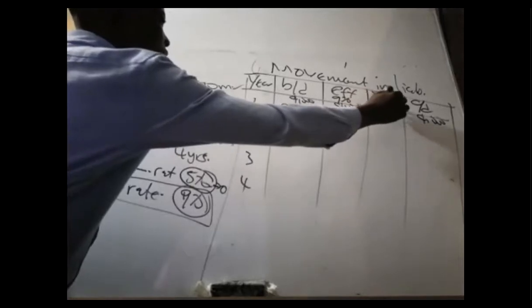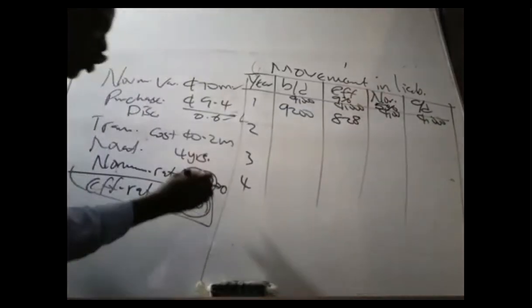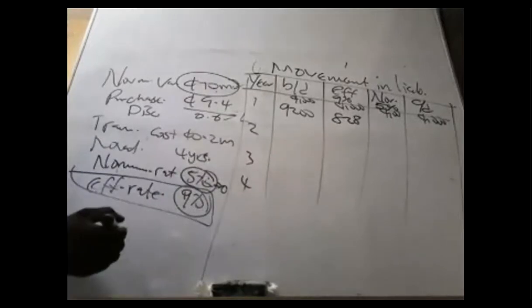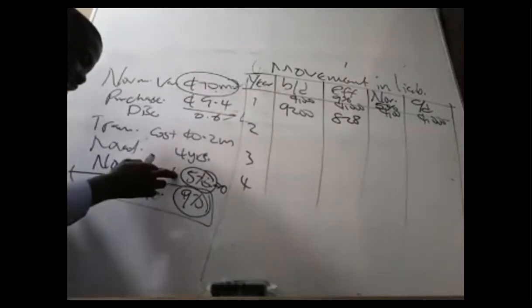Now let's find the nominal rate. Nominal rate is 5%. And always the nominal rate is on the face value, or the nominal value, 10 million. So 5% on 10 million. The nominal rate is always on the face value.